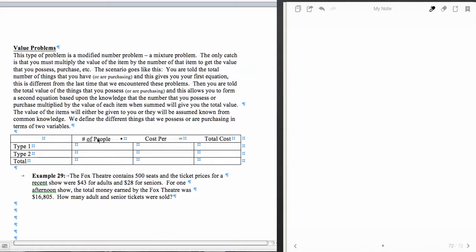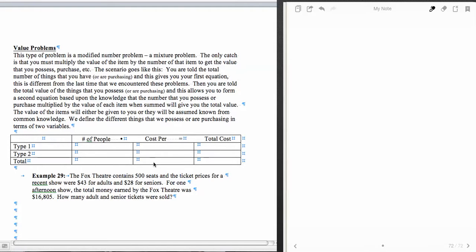And these number of people, the independents, times the cost per, the rate of change, is going to be equal to the total cost. So the different scenarios that we have, this times this equals this, and this times this equals this. And sometimes we'll have a multiplication on the bottom row as well, which is a total. Sometimes it won't. It'll just depend.